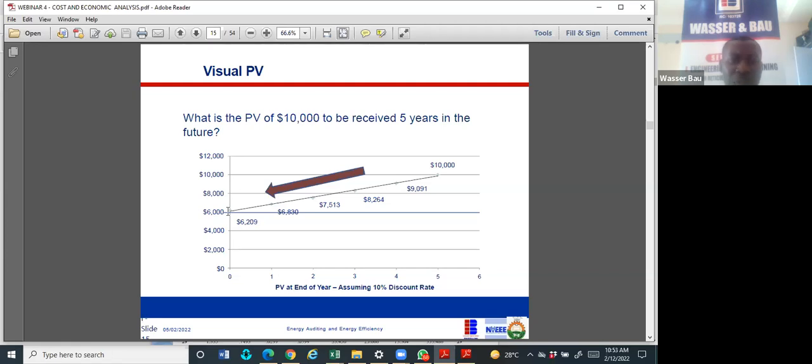So it also means, conversely, if you put 6,200 naira in the bank at 10% interest, in 5 years, you should be getting 10,000 naira. That's what it means.